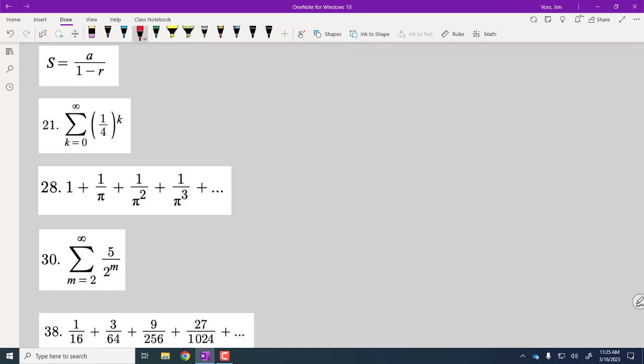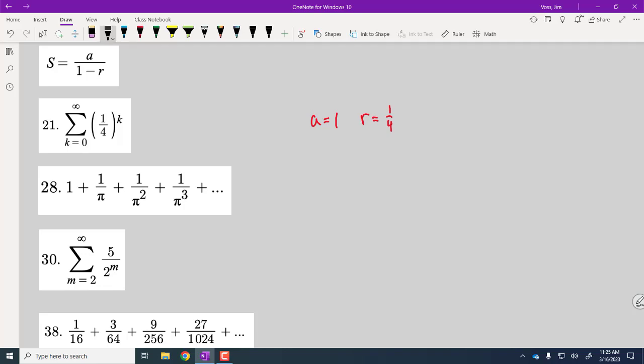So for this one, let's come straight across here. Tell me what a is for this one. 1. And tell me what r is for that one. 1/4.